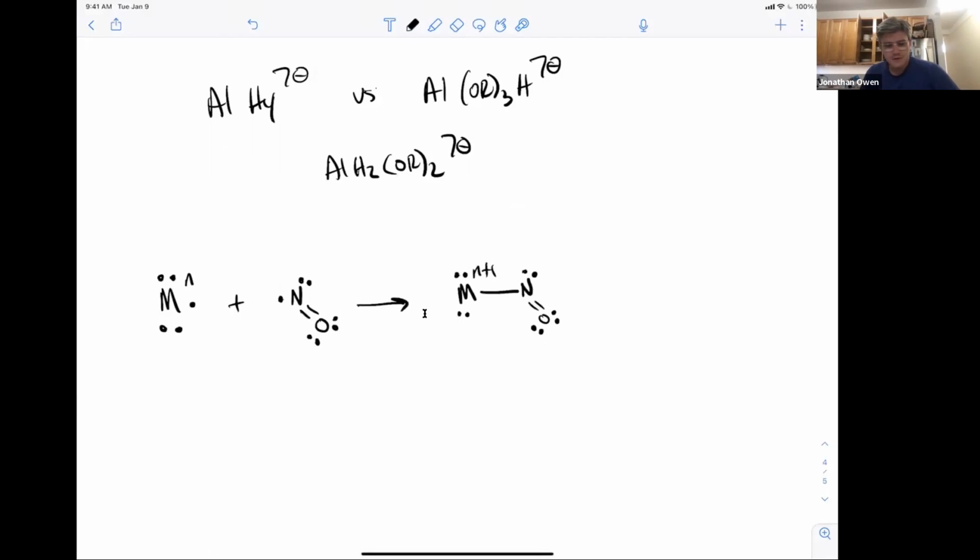Okay, so when you bind NO in this fashion, you oxidize the metal by 1 because the NO ligand is acting as an X-type ligand. Now, we know things can get funky from here. So let's draw this isomerization reaction.